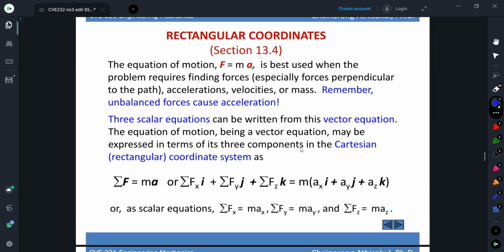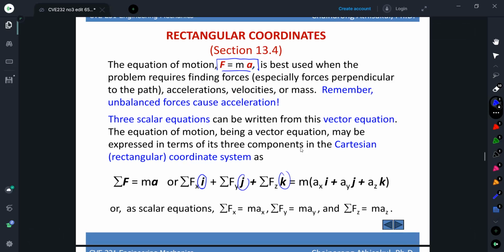So let's take a look at the rectangular coordinate system. The equation of motion is defined by F equals m a. But for a rectangular coordinate system, F is decomposed into three components: the X component, Y component, and Z component, which we may represent with i, j, and k respectively.